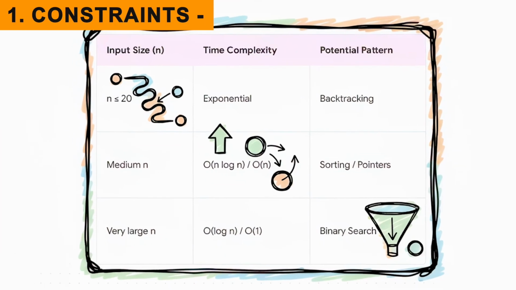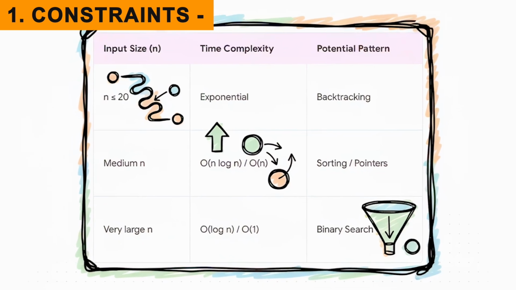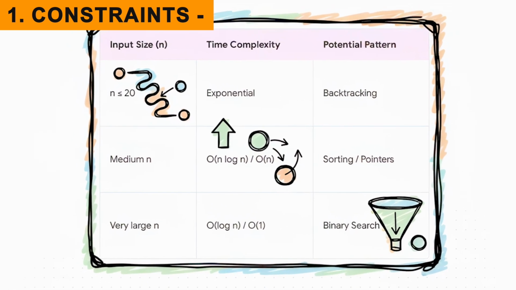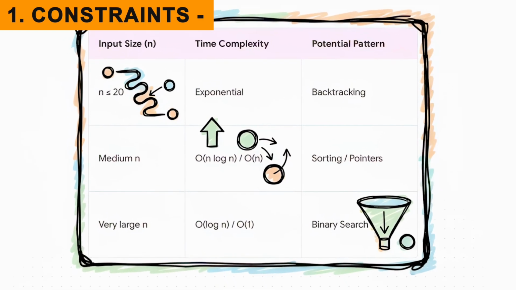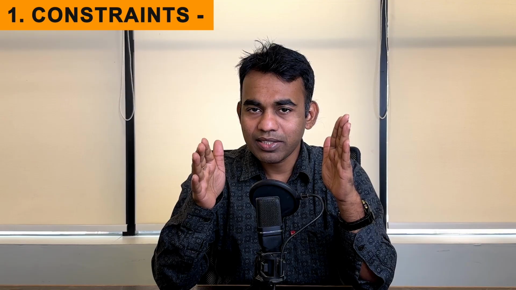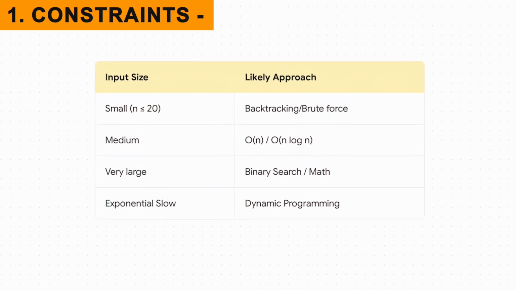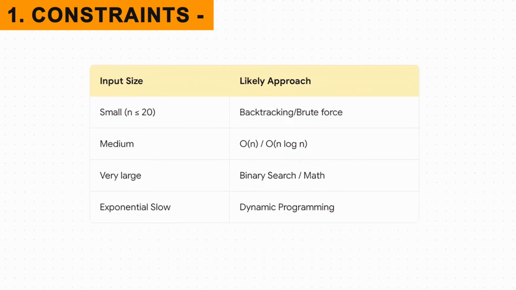Constraints tell you the maximum time complexity your algorithm can have. For example, if you see n, or the input size, given as less than 20, that means you might be using a backtracking or brute force algorithm, which have a higher time complexity.